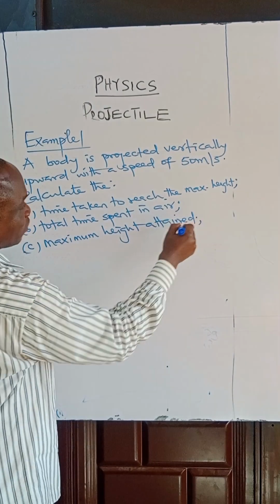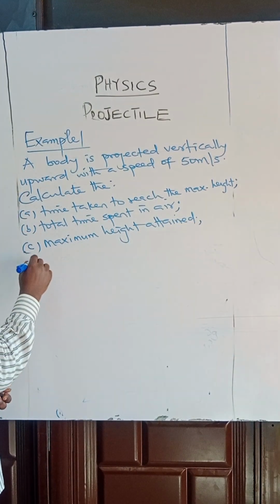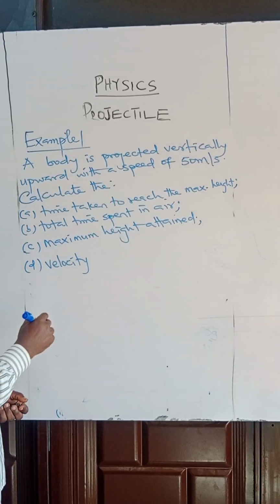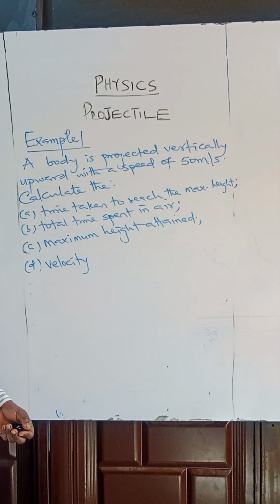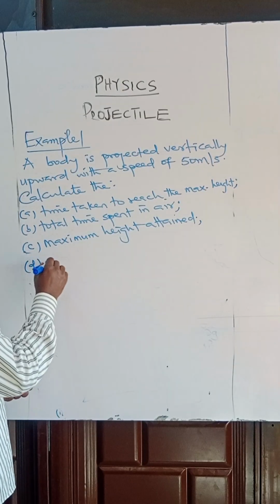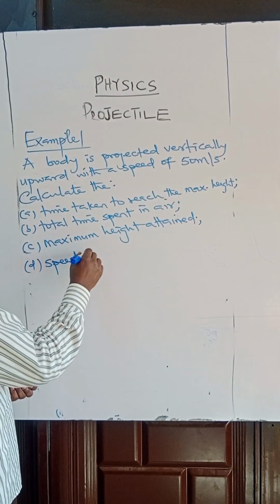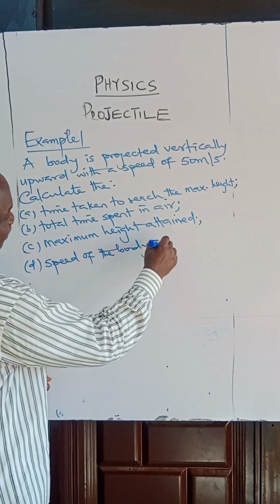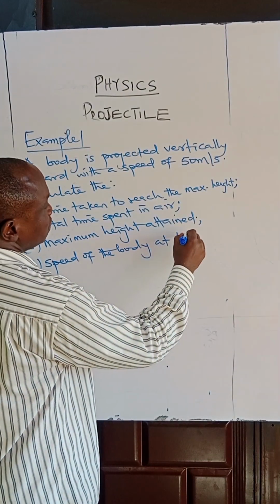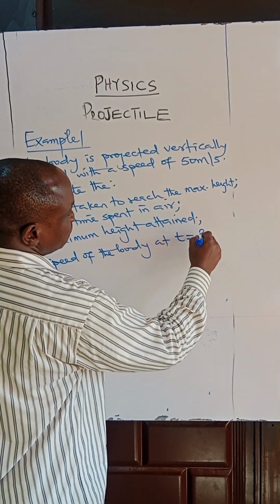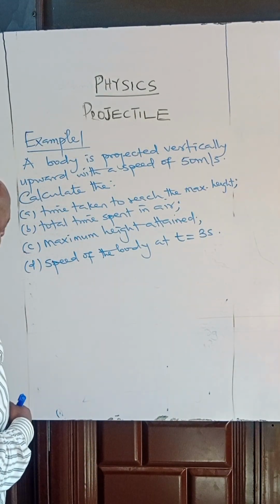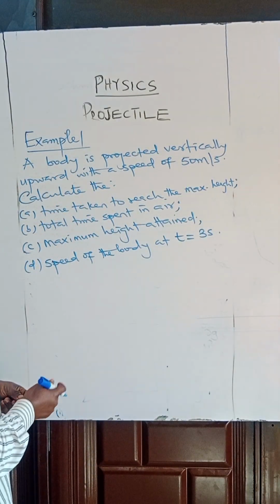And D, calculate the velocity or the speed of the body at t equals 3 seconds. These are some of the ways of asking the question.